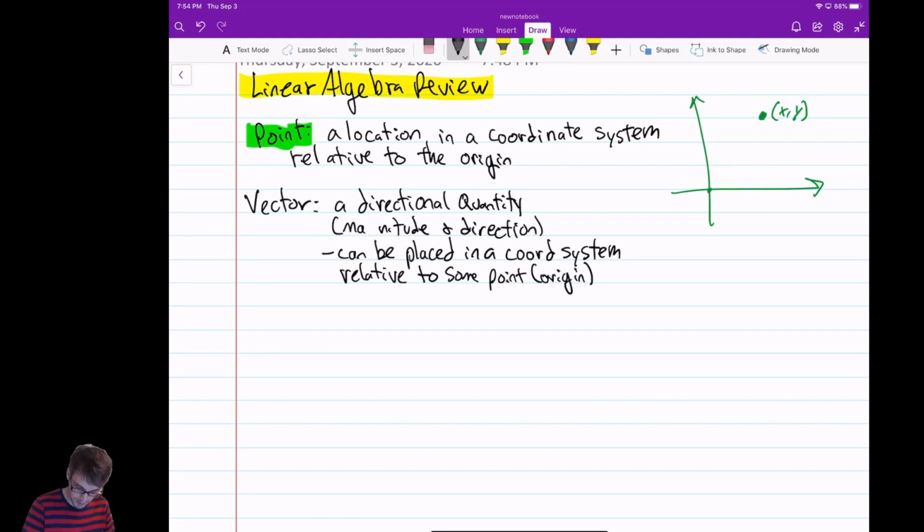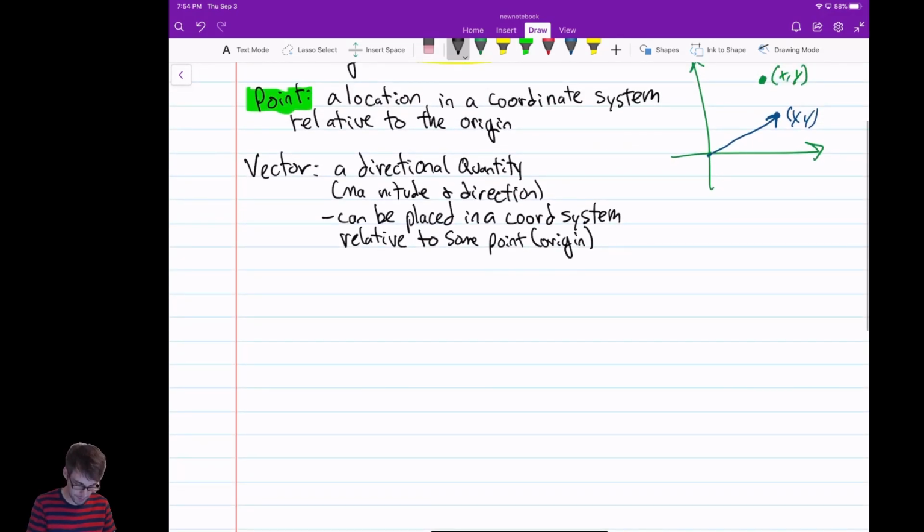So I'm going to go back to my diagram here, and I'm going to add a blue vector. I'll put a vector here. This is some other x, y, and usually you see them drawn like this to show that it's a direction relative to the origin. Now, of course, this vector can be drawn elsewhere, but we're going to come back to that, because a big point of confusion that strikes many people is this idea of a point versus a vector.